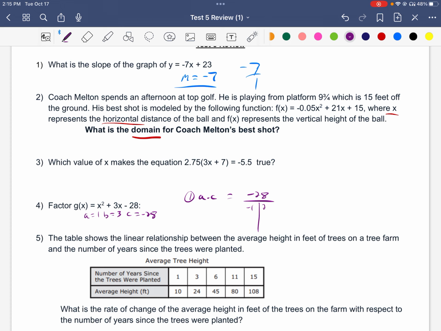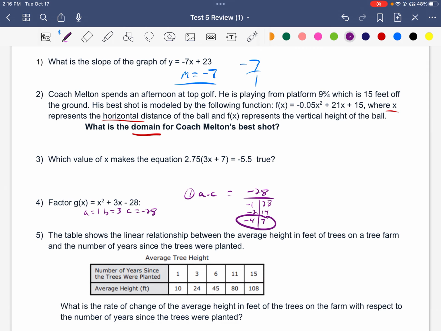So I've got negative 1 and 28, negative 2 and 14, negative 4 and 7. And I could reverse those negatives if I needed to, which would be like positive 1 times negative 28 and so on. But I'm going to look at these and see which of these factors combine and add to the b value. Well, it's negative 4 and 7.